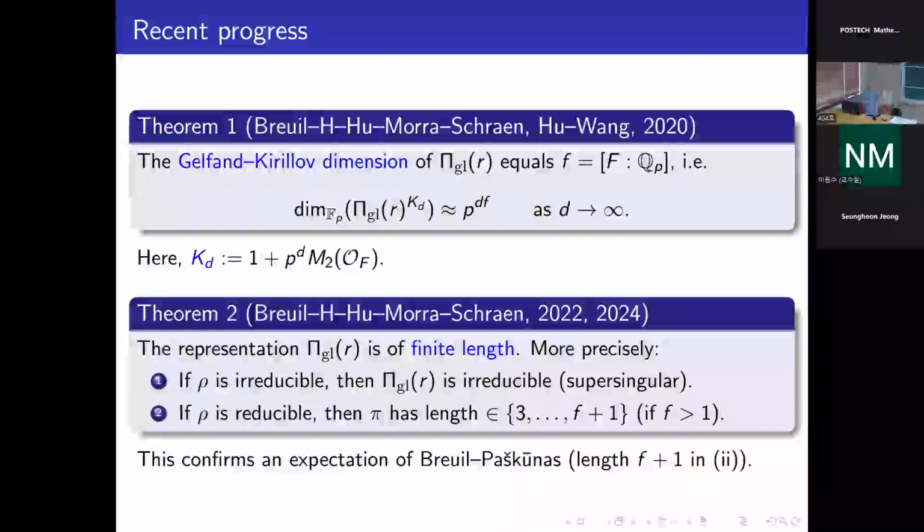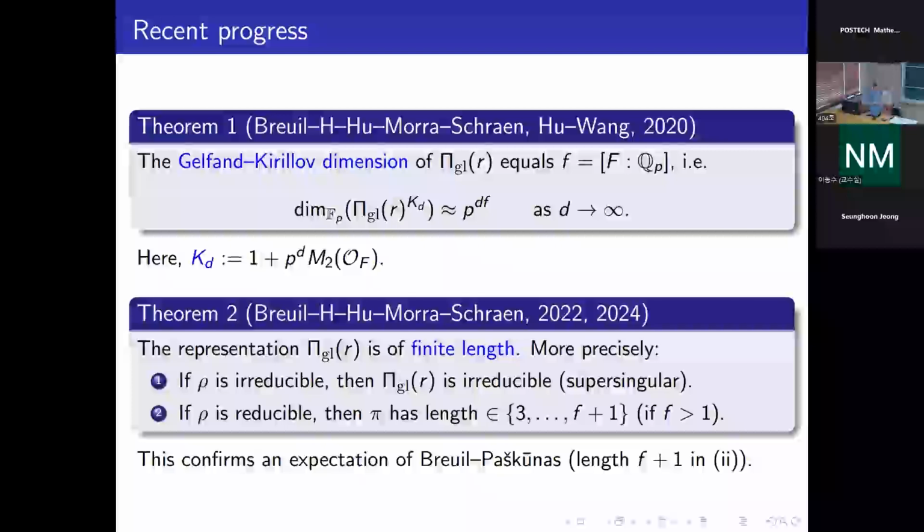It's not always irreducible, but when the local Galois representation ρ, the restricted one, is irreducible, the GL_2(F) representation is irreducible, first of all. It's so-called supersingular, don't worry too much about the term. And then the second case is when ρ is not irreducible, then, typo, by π I mean the same thing as in the previous line.